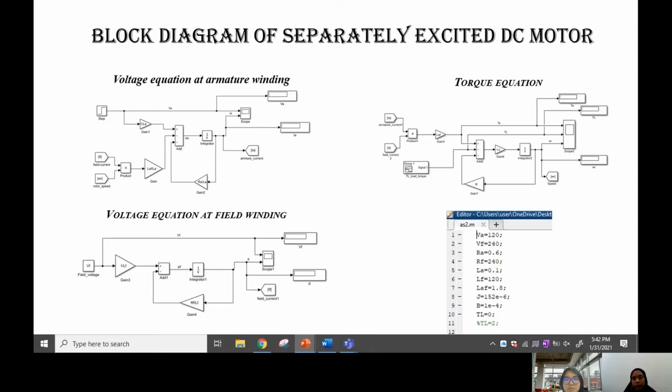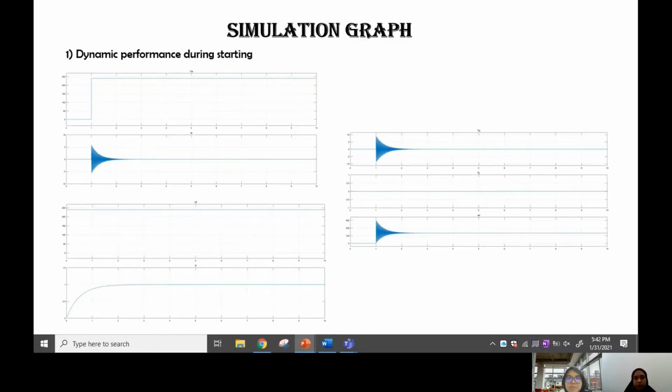Then the run button has been pressed to key in the parameters in MATLAB, and the display block has been used to display the output parameters for IA, IF, TE and speed.